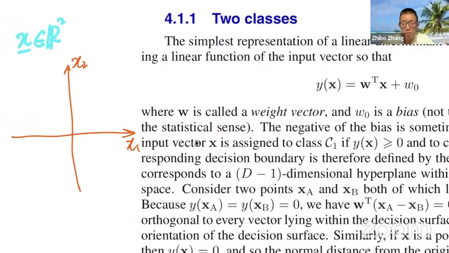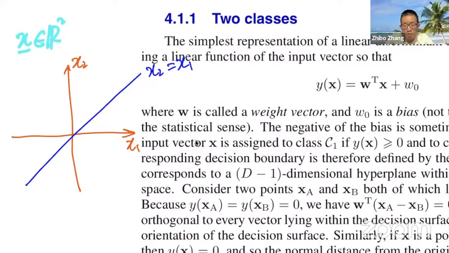Basically we want to draw a single line in this case to divide the space into two parts. Let's make an assumption that is going to be the simplest case, something like this: X2 equals X1.